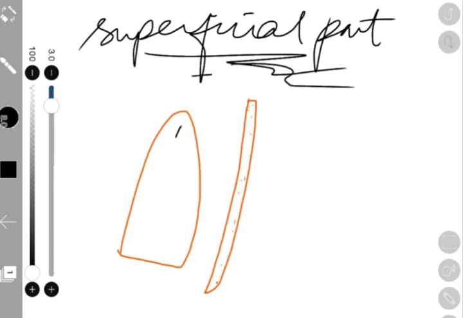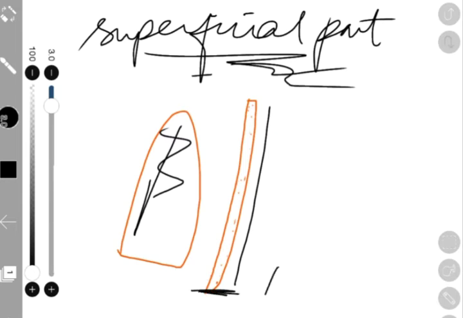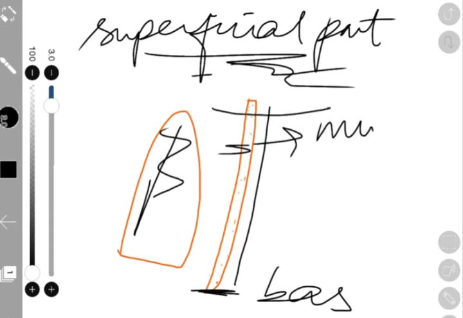Consider this as the superficial part, and this is your mandible, the body of the mandible. This is the base of the mandible, and consider a line like this to be your mylohyoid line, which is situated on the medial surface of the mandible.